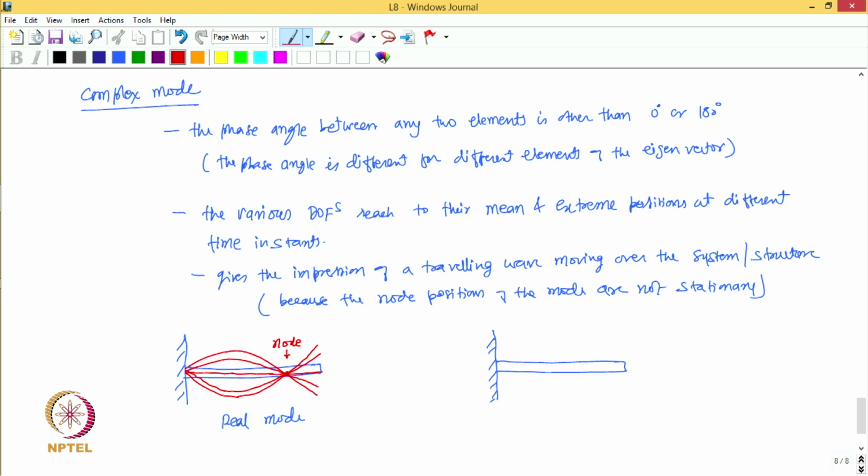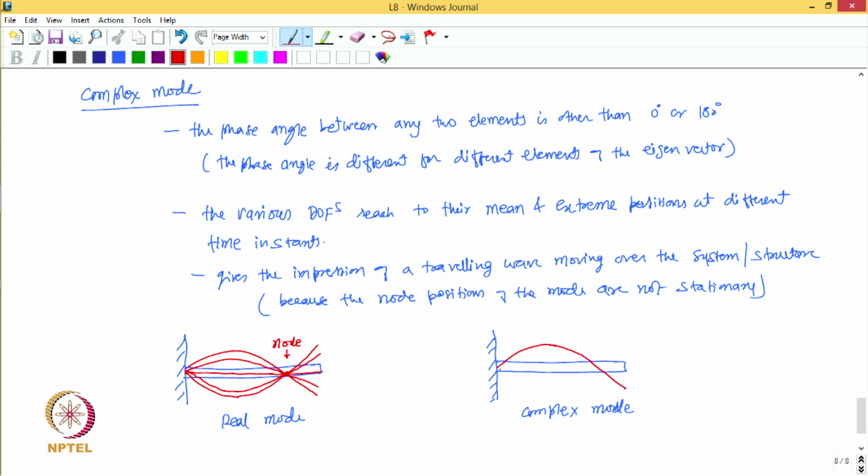However, if we look at a complex mode, if the mode of this cantilever beam is complex due to non-proportional damping, then the plot of the mode shape may look something like this. Okay.